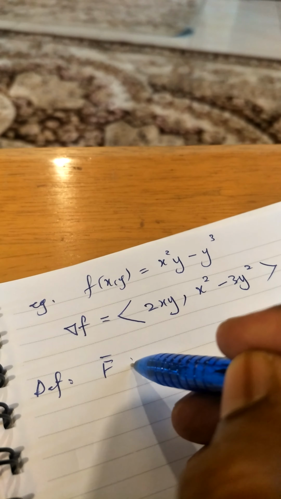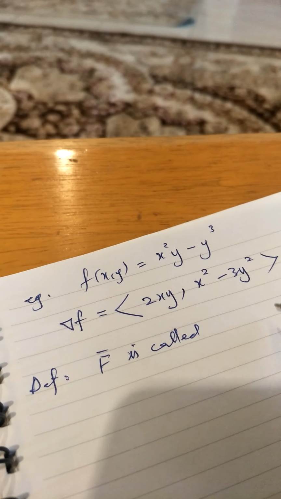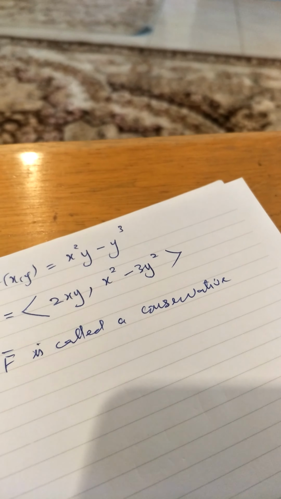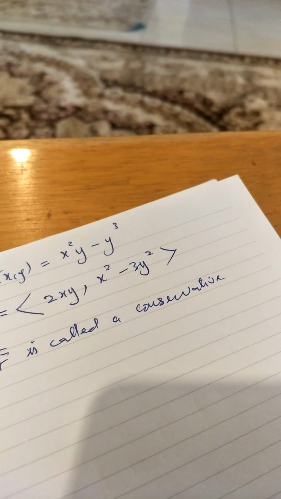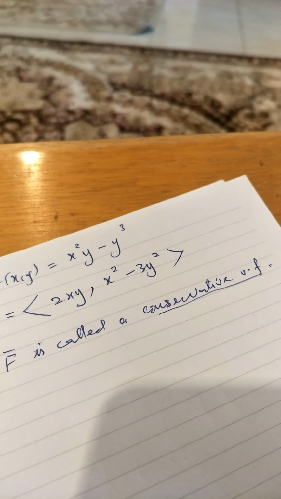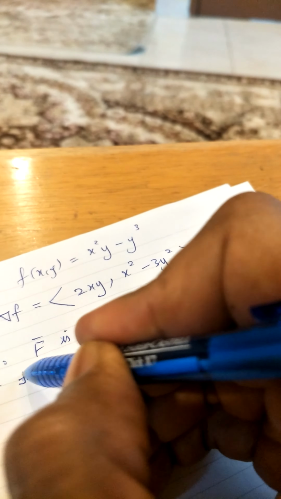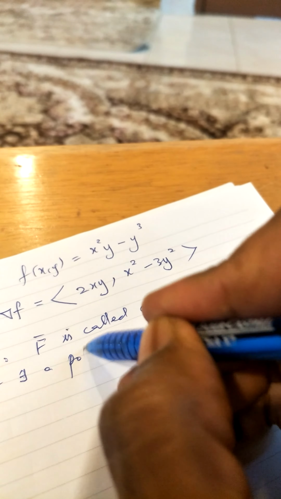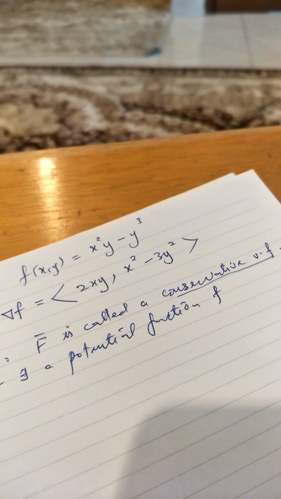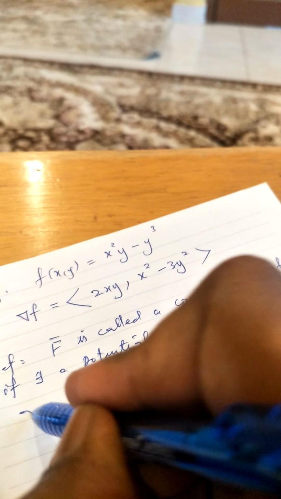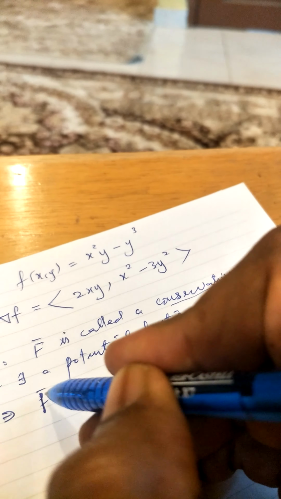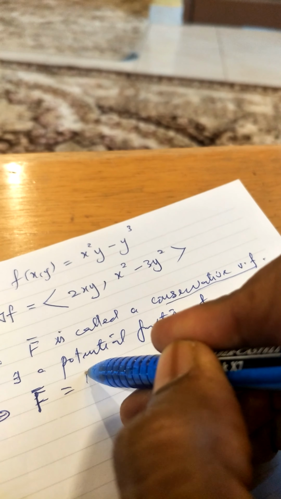We say F is called a conservative vector field if there exists a potential function f such that capital F is equal to del f.